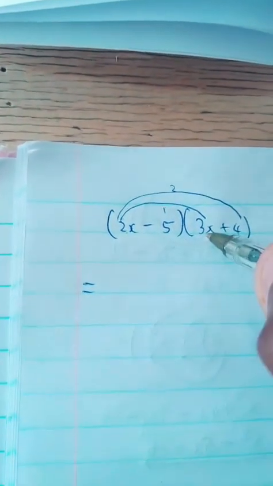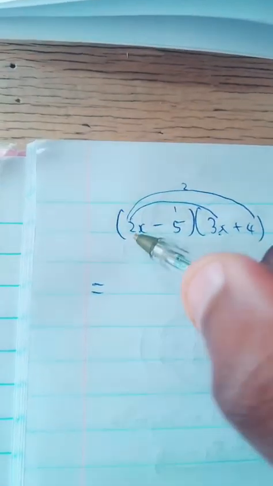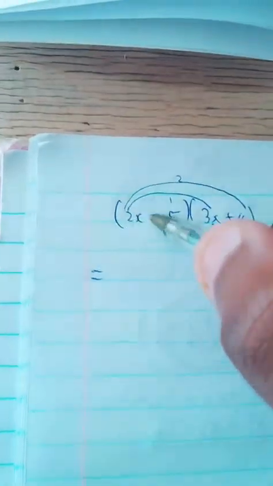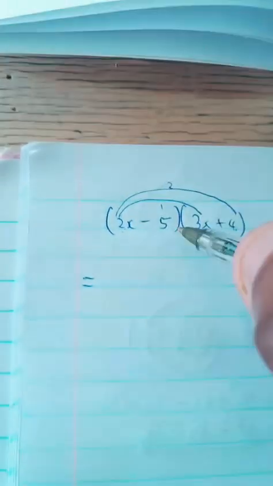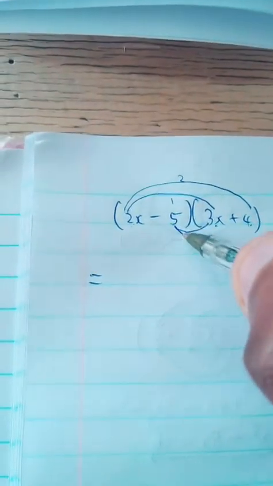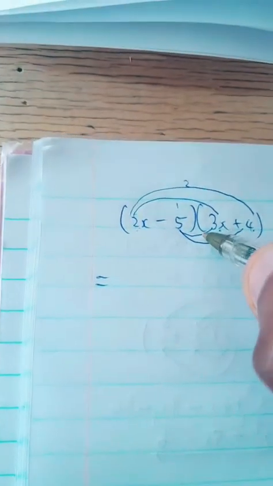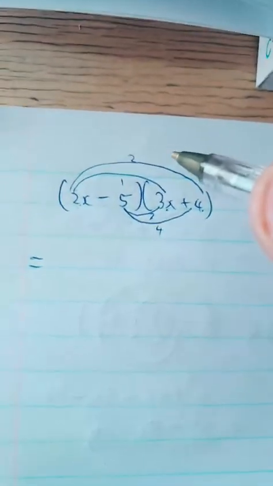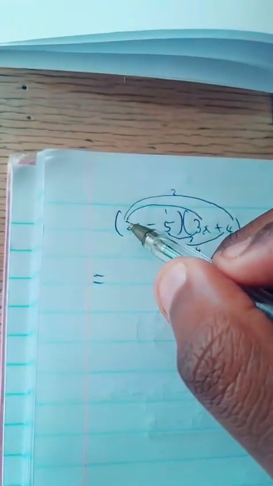So 2x we distribute to the 3x first, and then 2x again we distribute to the 4. So basically we exhaust distributing 2x, and then we exhaust distributing 5. We are applying what we refer to as the distributive law, but we just call it FOIL for convenience.